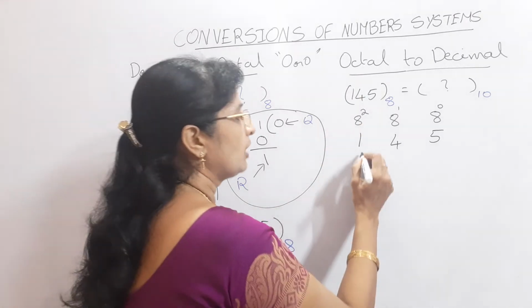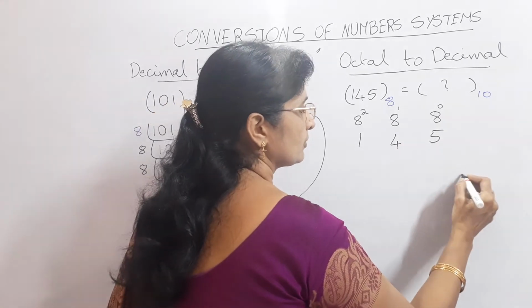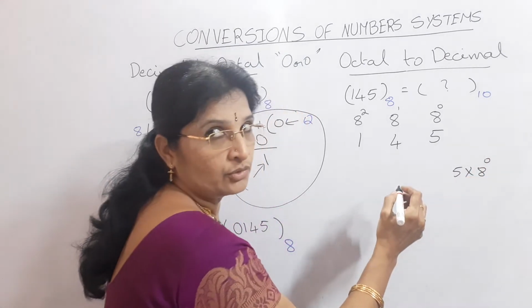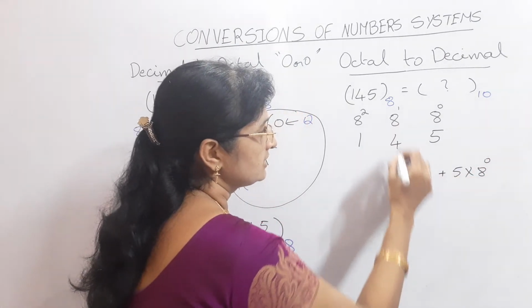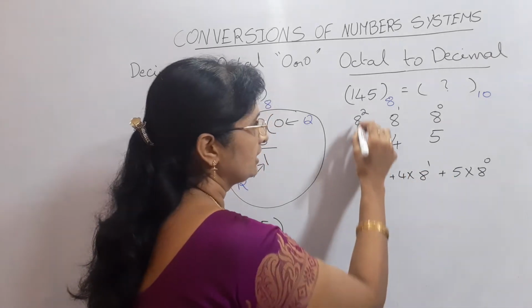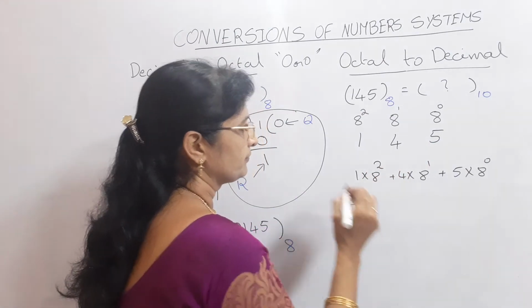Now you have to multiply these. That is 5 into 8 power 0, and 4 into 8 power 1, and 1 into 8 square.